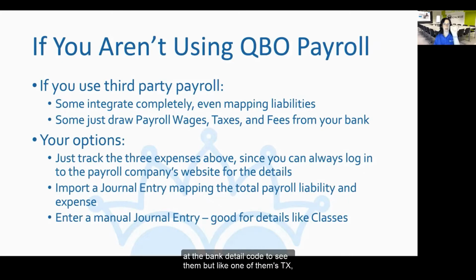And you can look at the bank detail code to see them, but like one of them's TX, and those are your taxes. And there's TPS, and that's the wages, and then I think it's TF for fees. And so you can tell from the bank detail which one is which, and then you can simply code each one of those to the expense account that it goes along with.